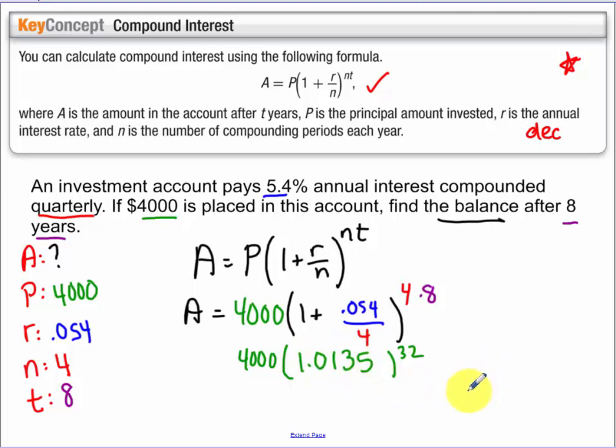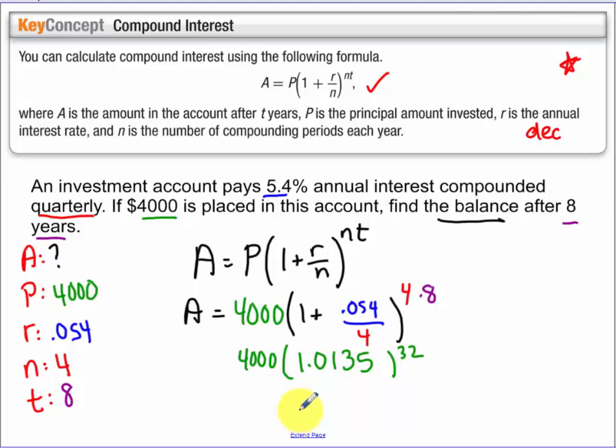Now, in your calculator, don't round until the very end. This is exactly what I got. Now, use the previous answer button, so second negative sign, and take that to the 32nd power. Okay? And then take that previous answer and multiply it by 4,000.